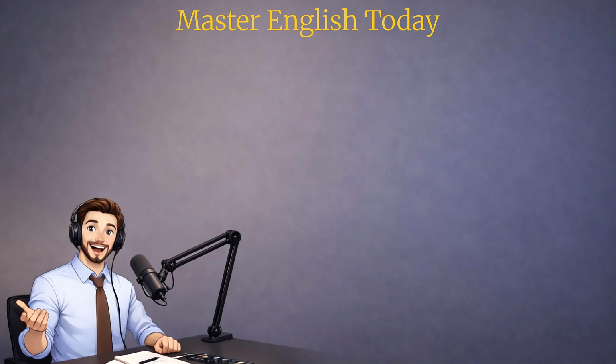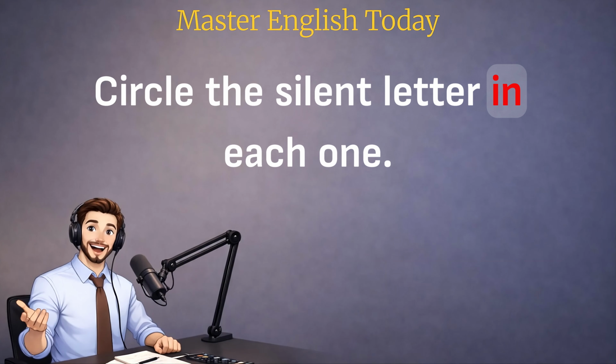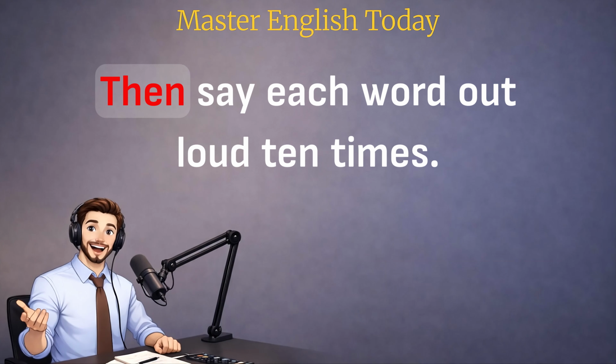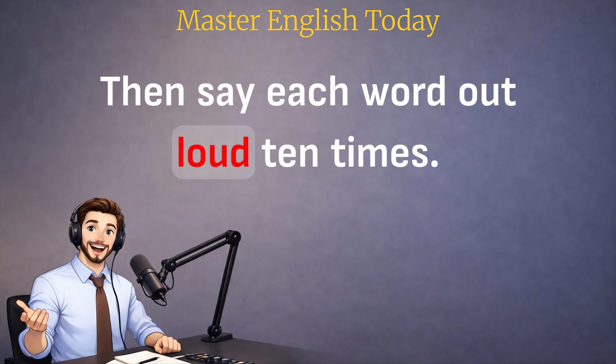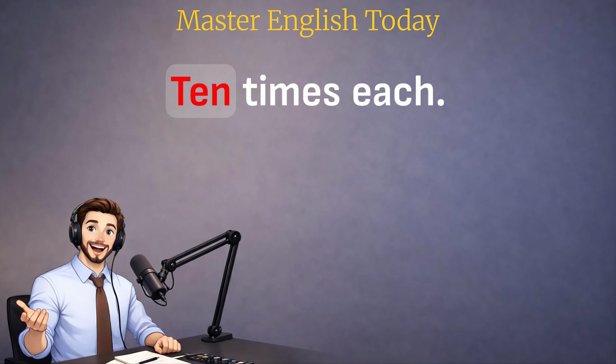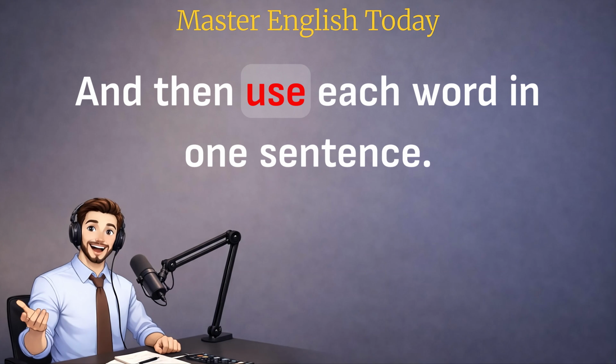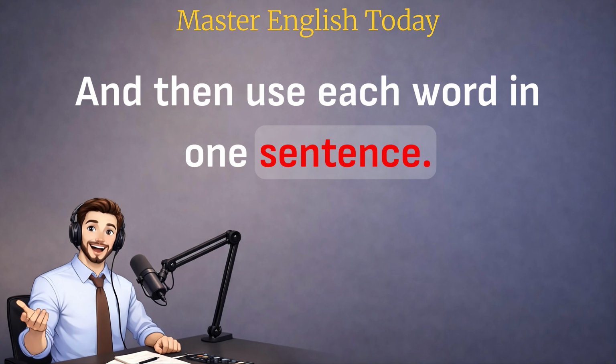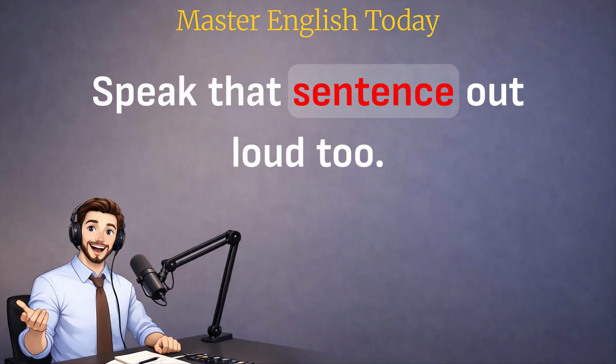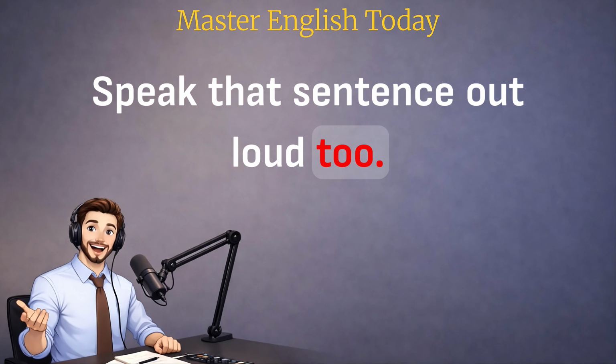Write them down. Circle the silent letter in each one. Then say each word out loud 10 times. 10 times each, slowly and clearly, and then use each word in one sentence. Speak that sentence out loud too.